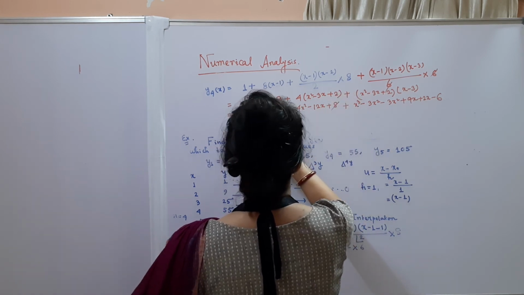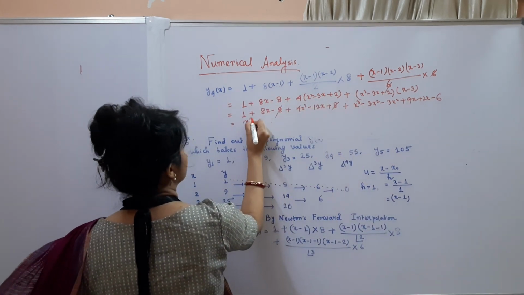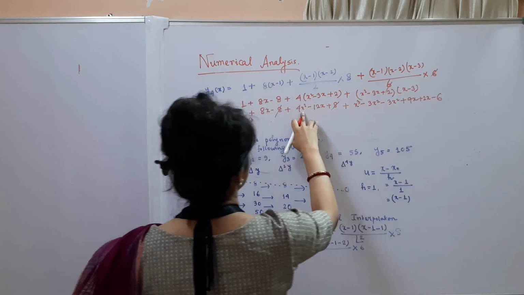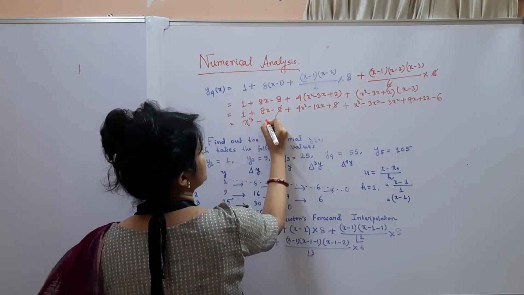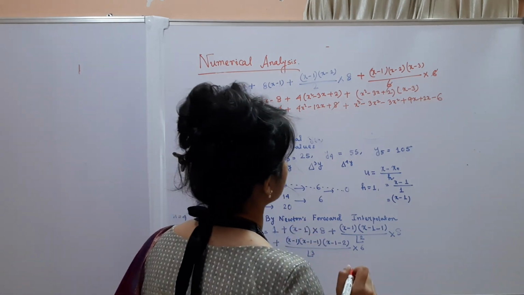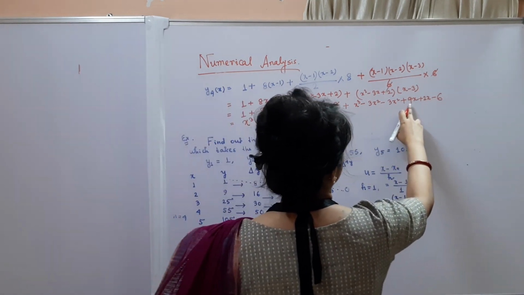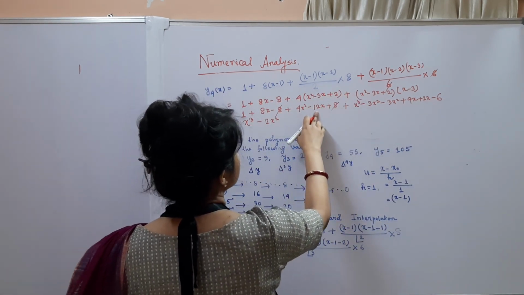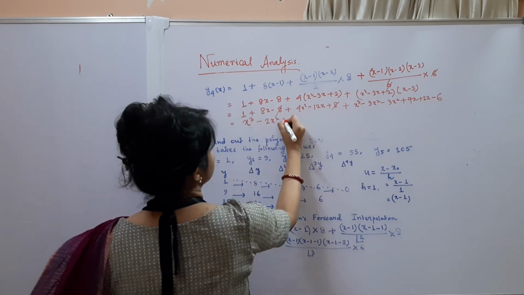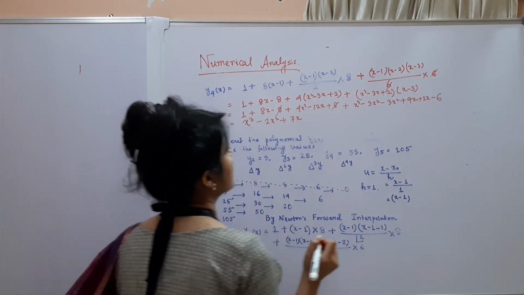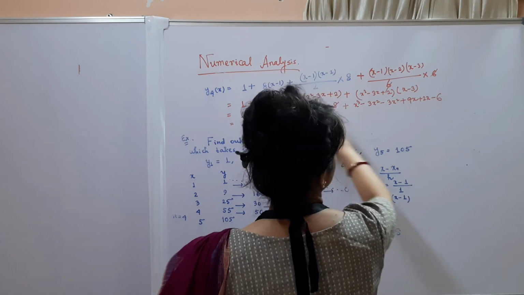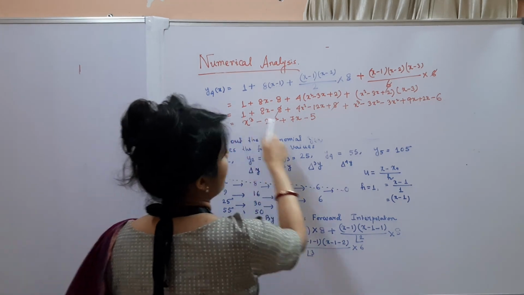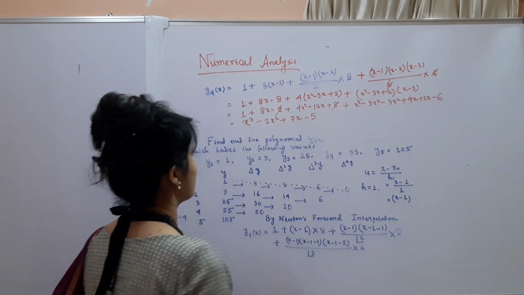So x cube is the highest term, so this is x cube, then minus 6x square plus 4x square, so minus 2x square, then 9 plus 2, that is 11x, minus 12x, that means minus x, plus 8x, so that is 7x, and finally the constant term is minus 5. Because there is 1 and minus 6, and 8 has been already cancelled out.